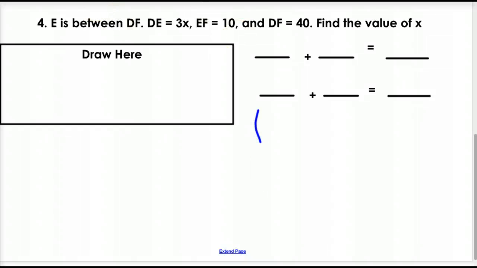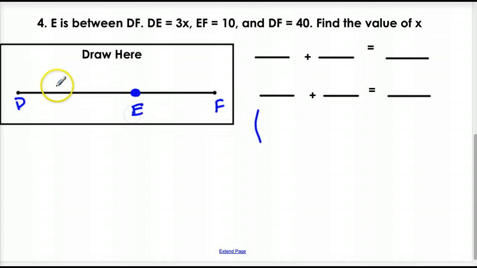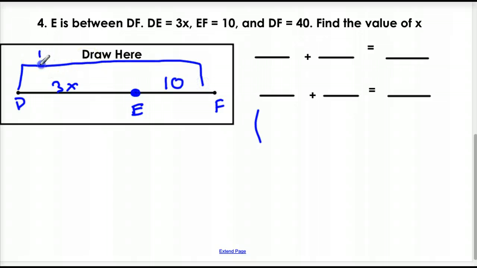All right, final question. E is between D and F. Drawing it and labeling it: this is D, this is F, and we've got E somewhere in the middle. DE is 3x, EF is 10, and the whole thing, DF, is equal to 40. Let's write out our segment addition postulate.